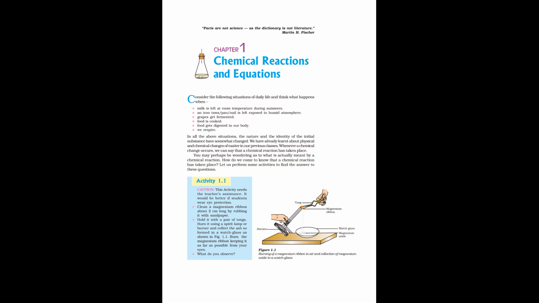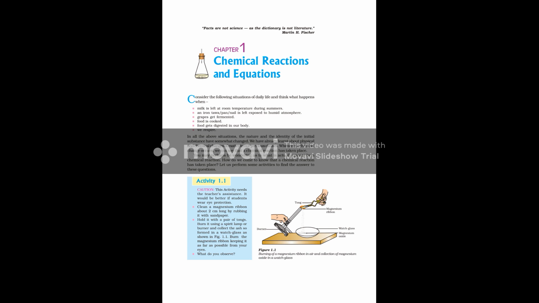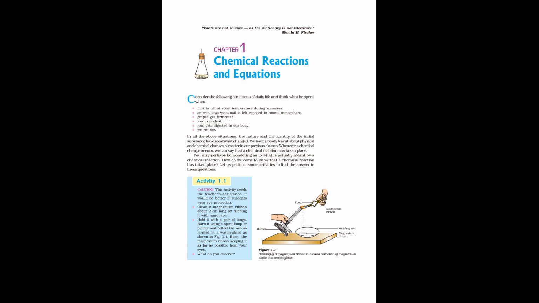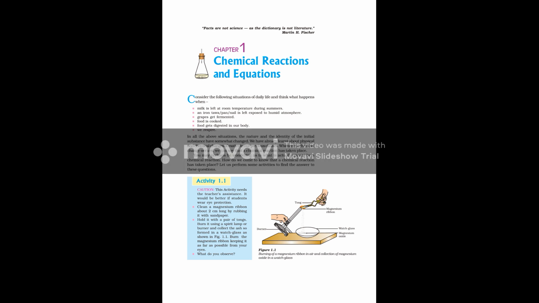Second, an iron tawa, pan, or nail is left exposed to a humid atmosphere. This type of chemical change you can see in your day-to-day life. For example, during the rainy season, if any iron object is kept outside, then after getting moisture, water, and combining with oxygen, it performs a reaction and changes its appearance, that is, its chemical composition.